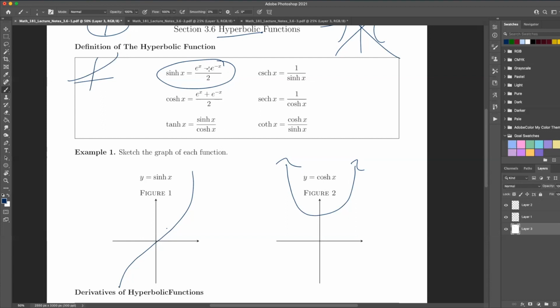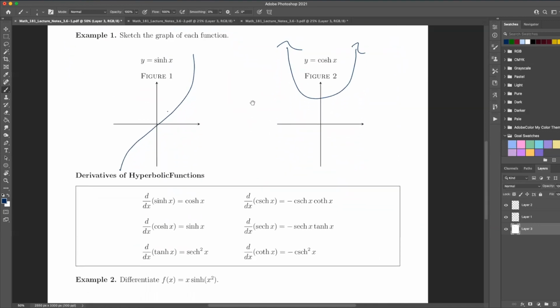If it's a negative x, it'll be flipped this way, and so this part will dominate and becomes negative. For positive x, this part dominates and becomes positive. It's always positive, and it just depends on which one is really large and which one's really small. Then we just define the rest of the hyperbolic functions as follows. Okay.